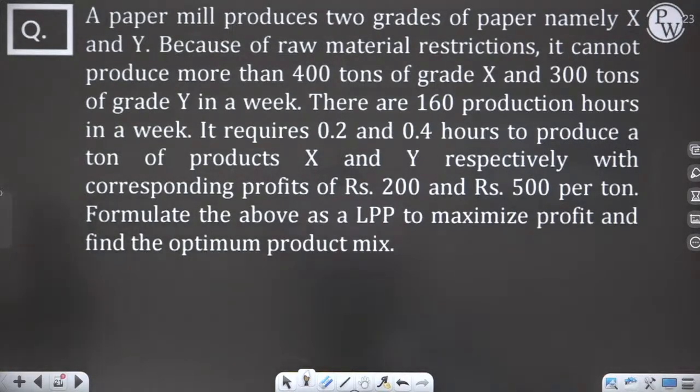Just make the constraint equation only. Completed?